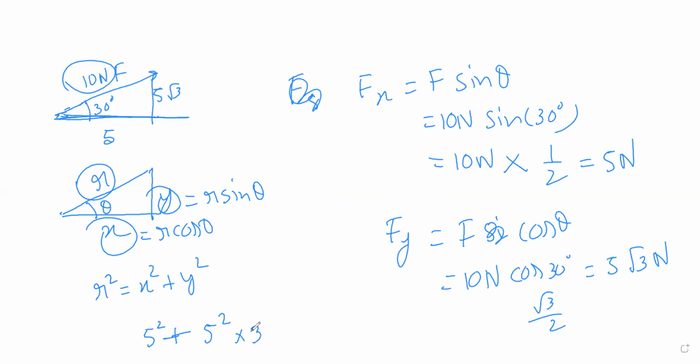Root 3 square means 3, right? So what do we get? 25 plus 3 into 25, 75, equal to 100. This 100 equal to 10 square. See? 10 square. And this is 5 root 3 square. This is 5 square.